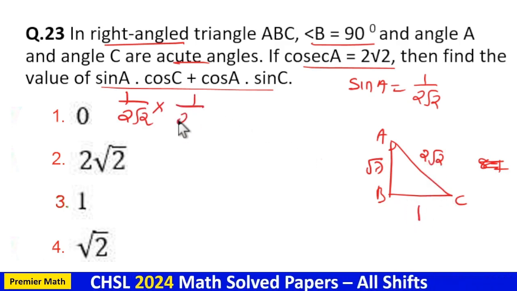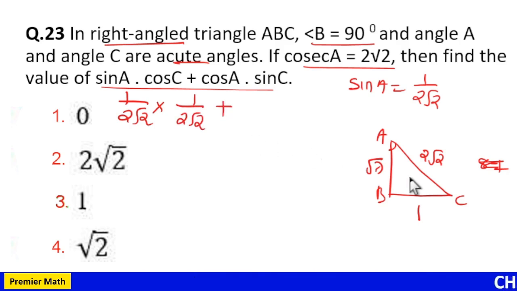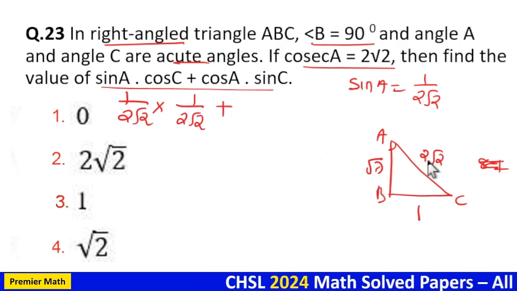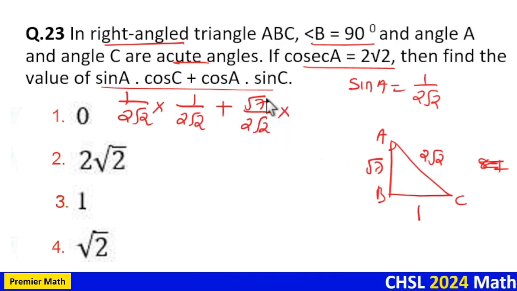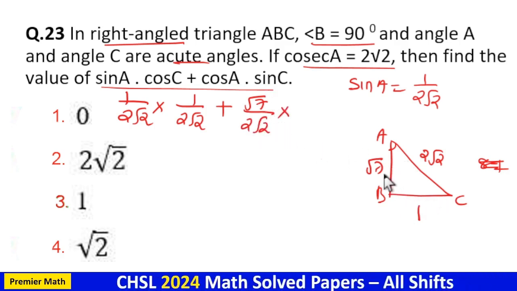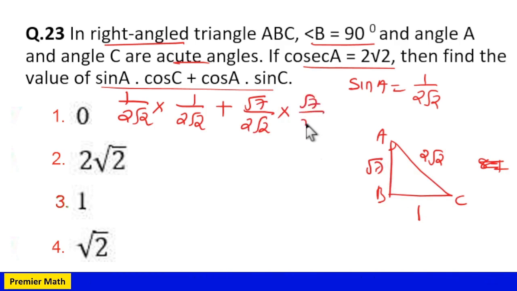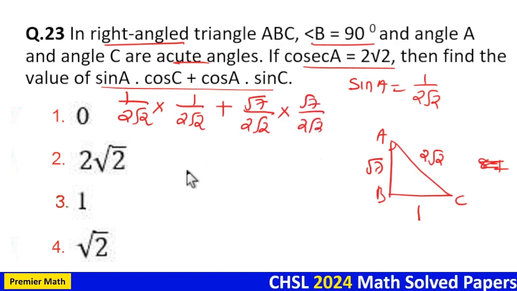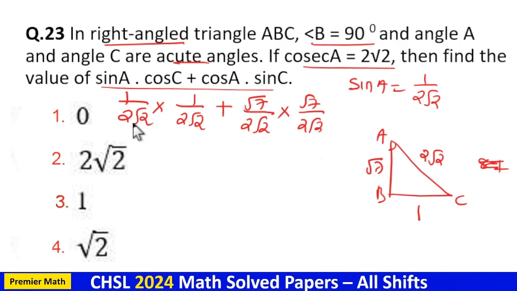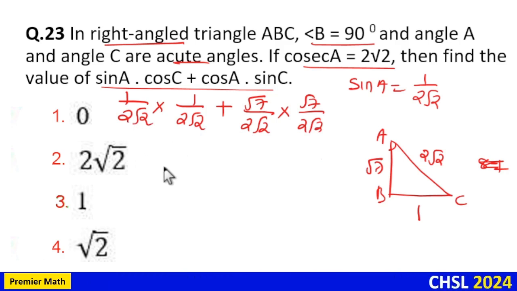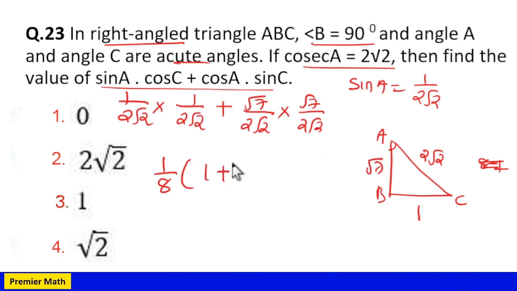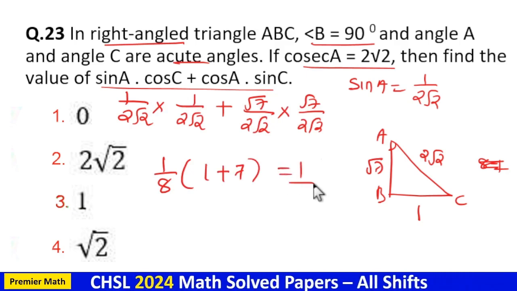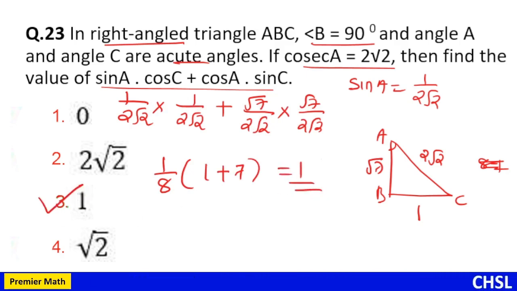That is root 7 by 2 root 2, plus cos A into sin C, where sin C is equal to opposite side by adjacent side, that is root 7 by 2 root 2. Now you can see 2 root 2 into 2 root 2 is equal to 8. 4 into 2, 8. So 1 by 8 common. 1 by 8 into this is 1 inside and this is 7. Root 7 into root 7, 7. So which is equal to 1. Option 3 is your answer.